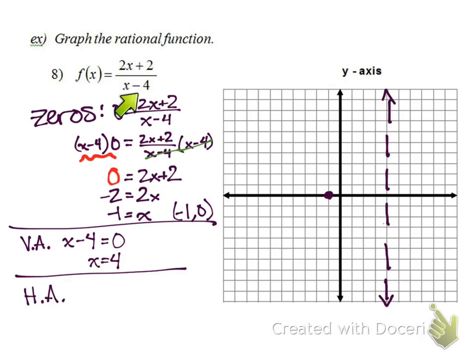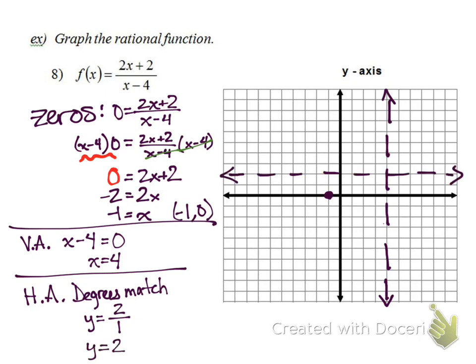Horizontal asymptote, looking at the degrees. The degree in the numerator is 1. The degree in the denominator is 1. Because the degrees match, we're going to have y equals 2 over a leading coefficient of 1. So we're going to draw a horizontal dashed line at y equals 2. So the hyperbola. We're going to do basic hyperbolas, meaning you're going to have the same sort of branches that we had all day yesterday.